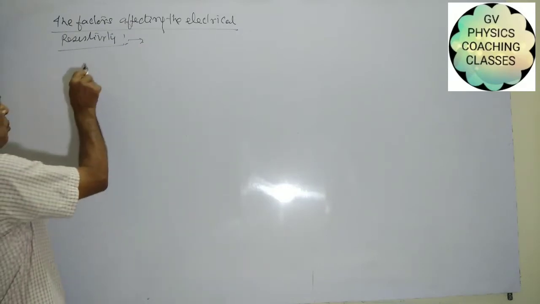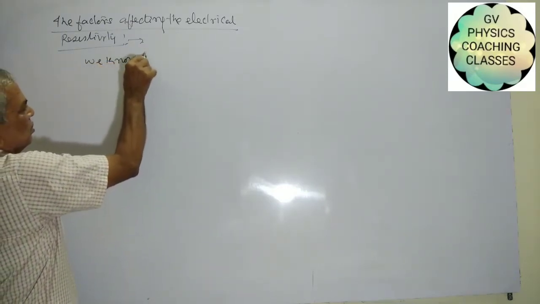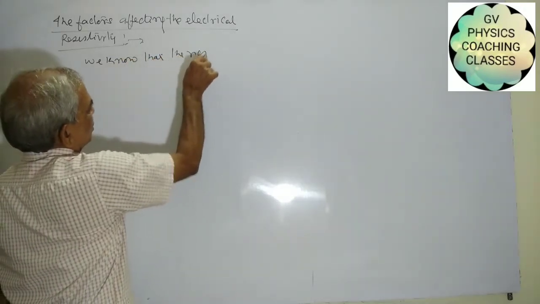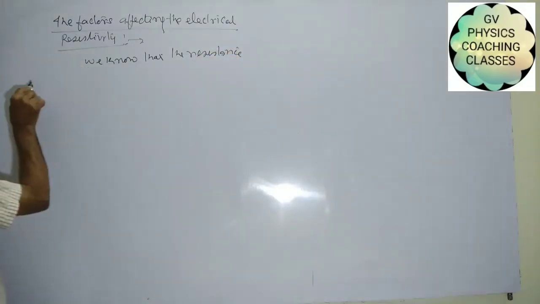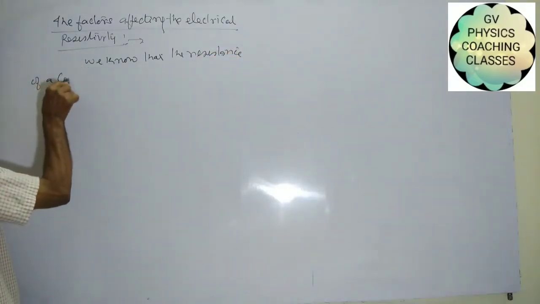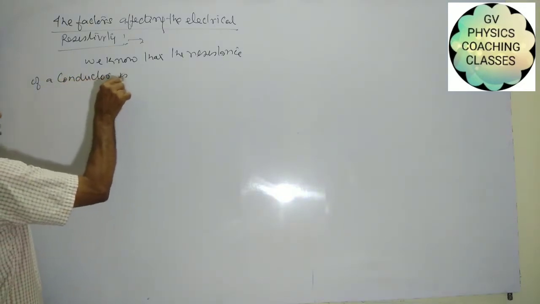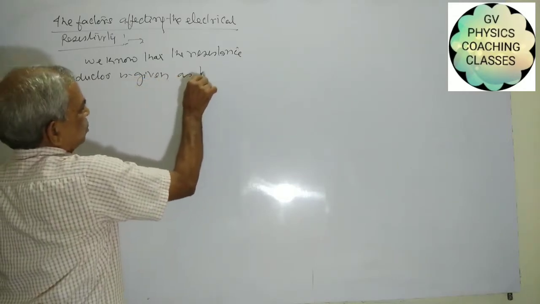We know that the resistance of a conductor is given as below.